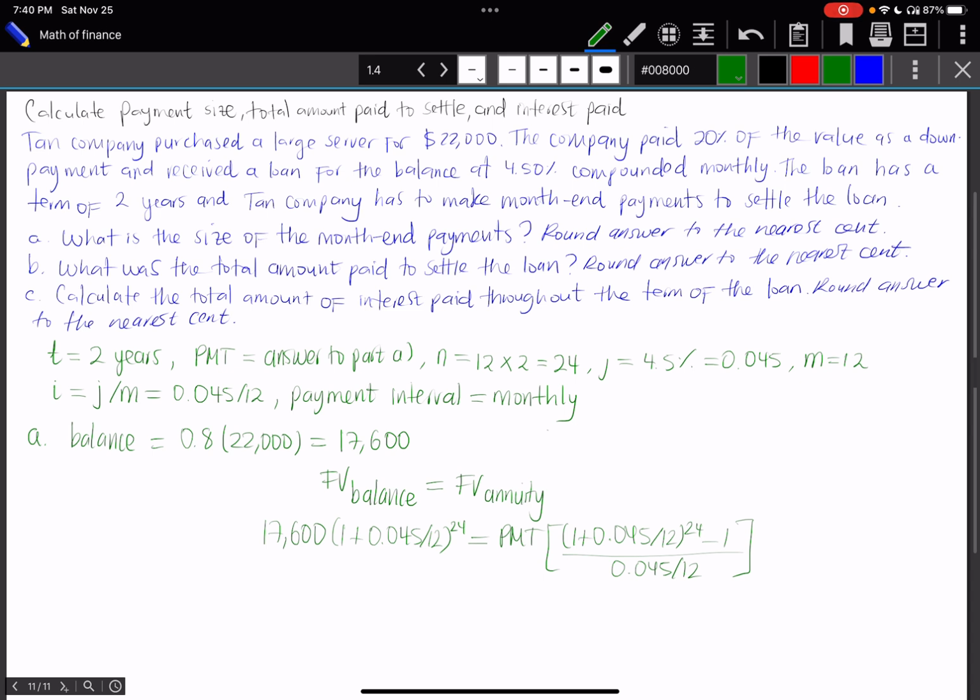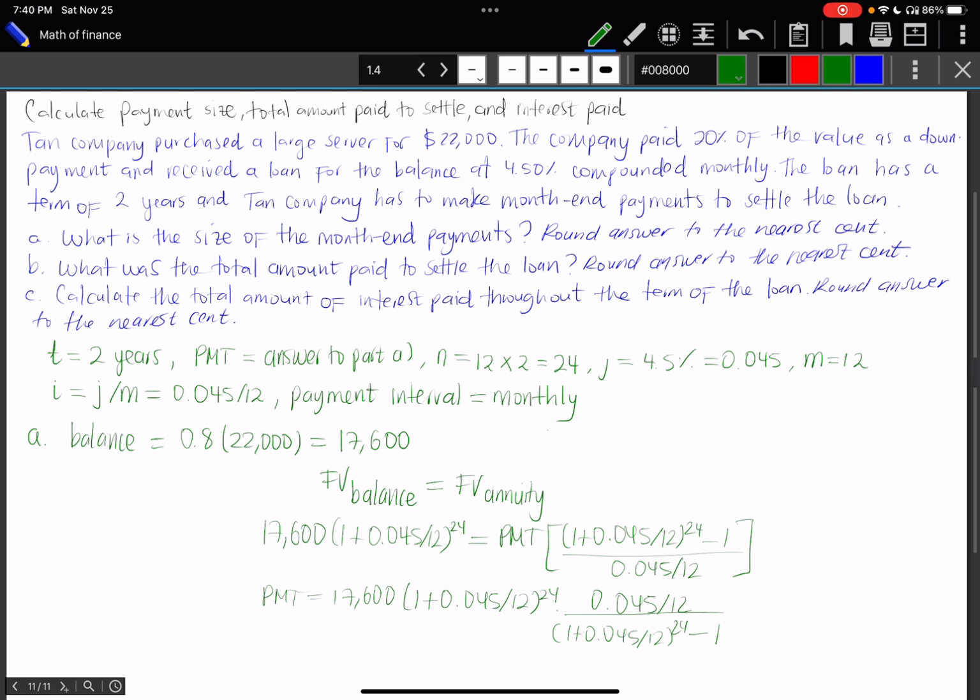As a result, PMT is 17,600 multiplied by 1 plus 0.045 divided by 12 to the 24, multiplied by 0.045 over 12, divided by 1 plus 0.045 divided by 12 to the 24 minus 1. We have just solved for PMT.